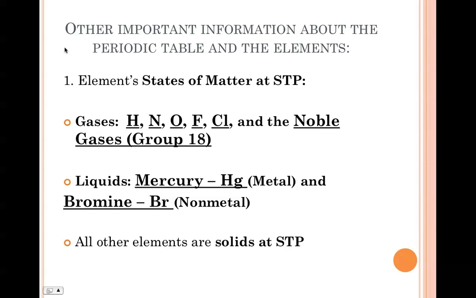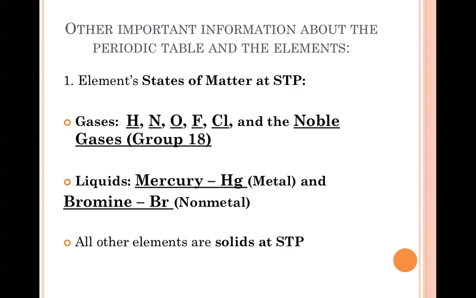All right, some other important information that you have to just know and memorize about the periodic table, and we'll talk more about in class tomorrow. You need to know the states of matter at STP, and STP is just standard temperature and pressure. It's a set temperature and pressure, which is on the front of your reference table, and you need to know what our gases and liquids are in terms of our elements at these conditions.